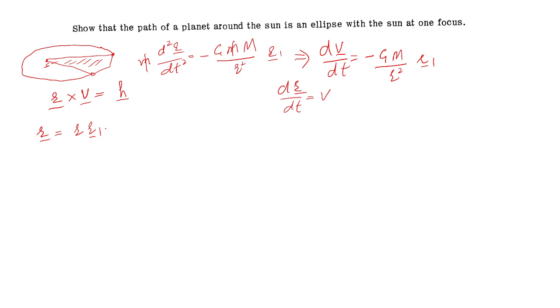So when I differentiate this vector, dr by dt, I will use the product rule: dr by dt in the r1 direction plus the magnitude r times dr1 by dt.